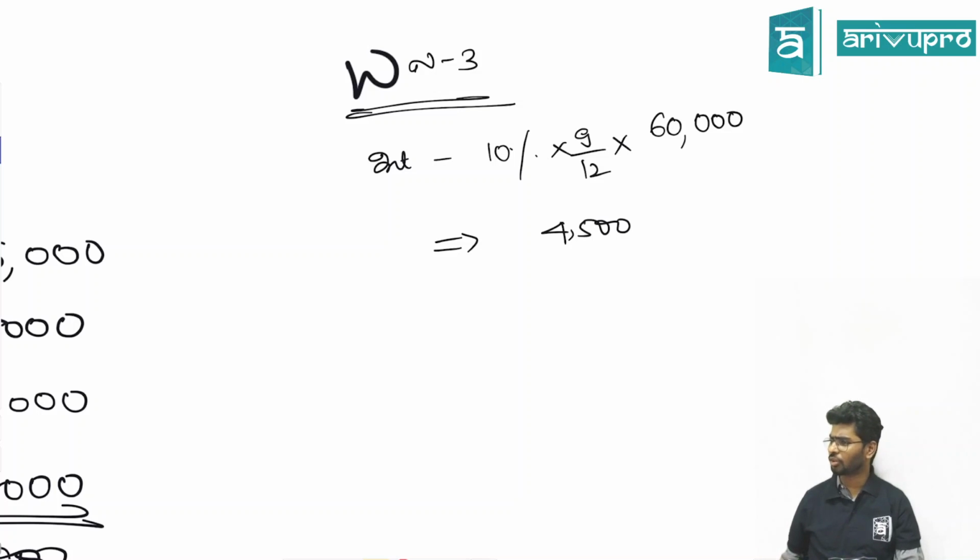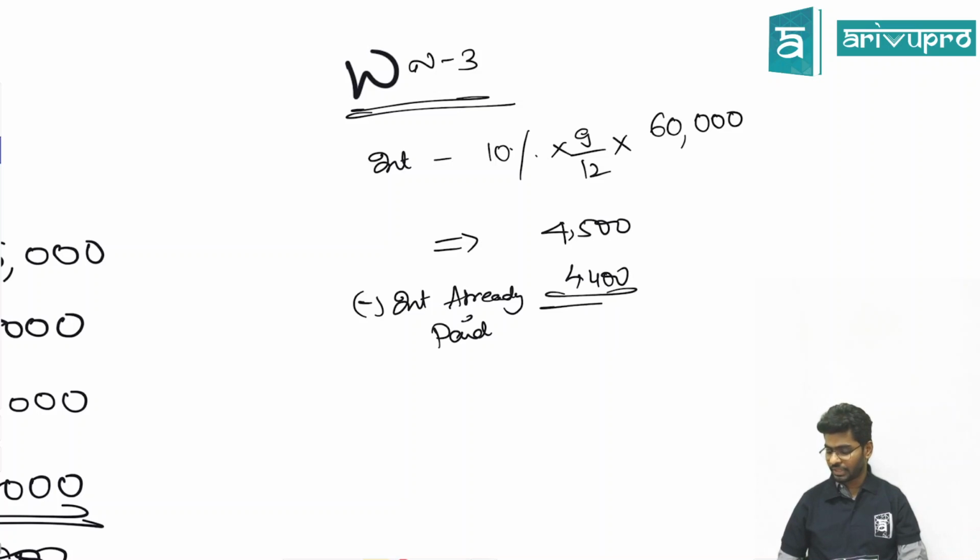From whom I have taken loan. Correct, right? So I have to pay an interest of 4,500 less interest already paid. Less interest already paid. How much? 4,400. That means interest outstanding will be what?